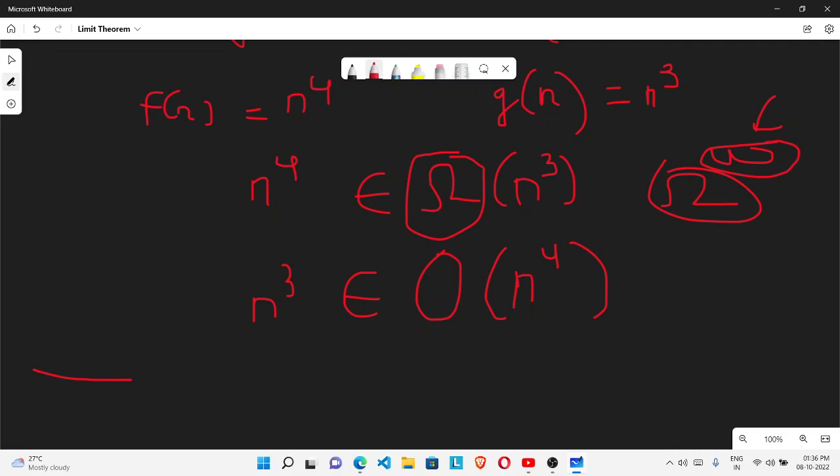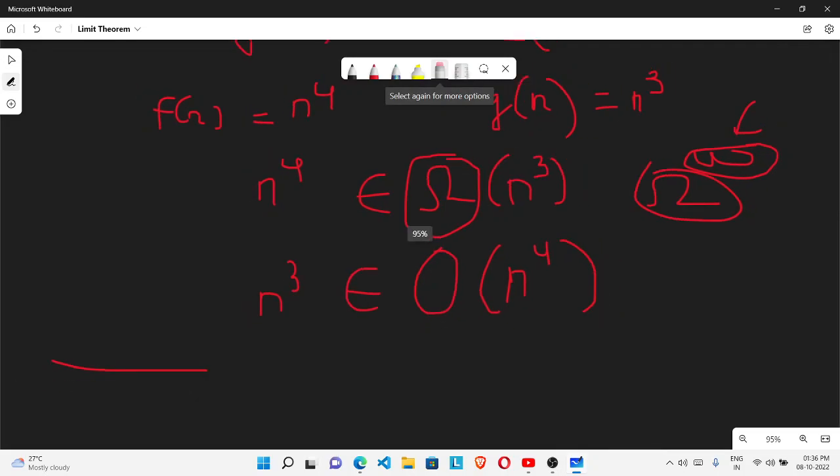Okay, let's just consider n^4 as n square and n cube as just n. So this was n square, nothing changes. It's just for the visualization part. I'm just going to replace n raised to 4 with n square and n cube with n.